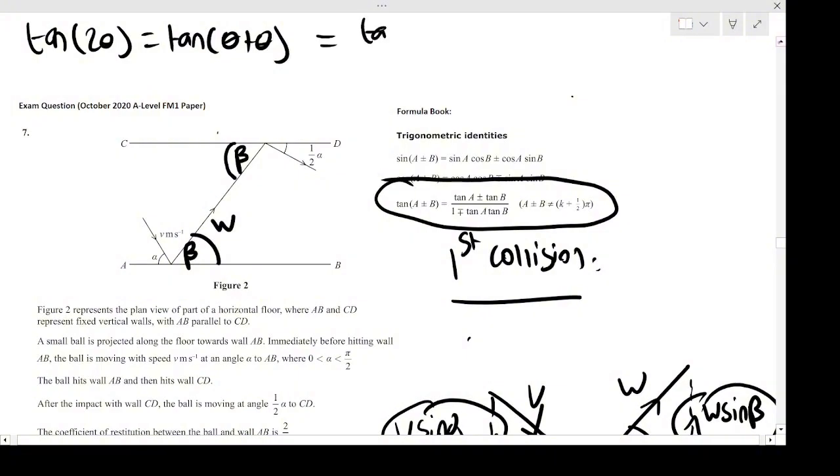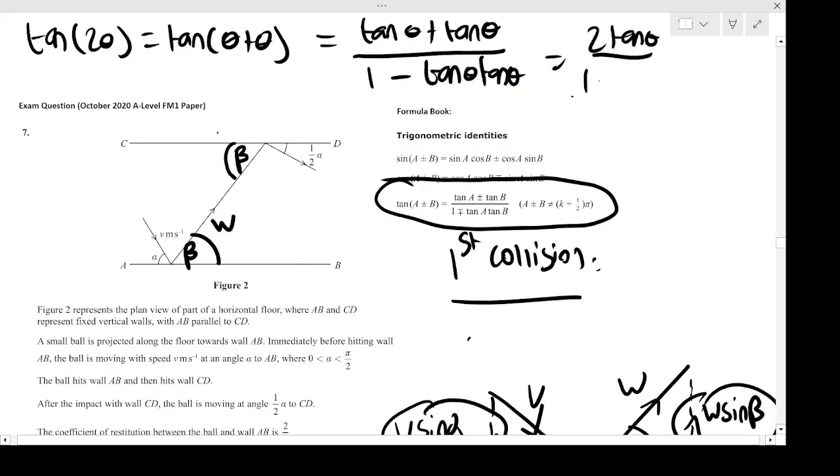So it's going to be tan theta add tan theta over 1 minus tan theta tan theta, and that will simplify to 2 tan theta over 1 minus tan squared theta. And so there we are. So tan 2 theta is 2 tan theta over 1 minus tan squared theta. That's how you can do that with the formula book. So I can sub that in.